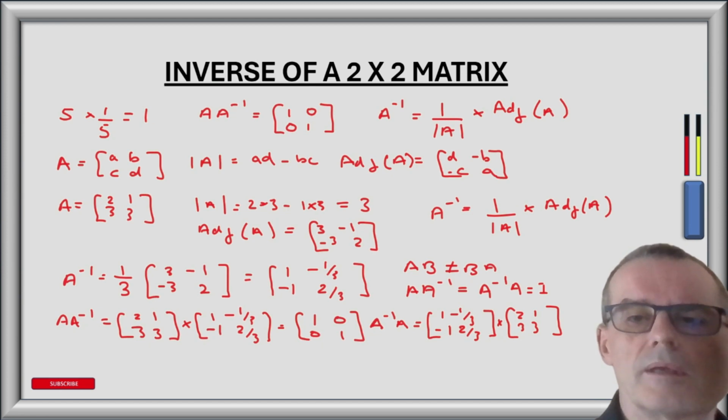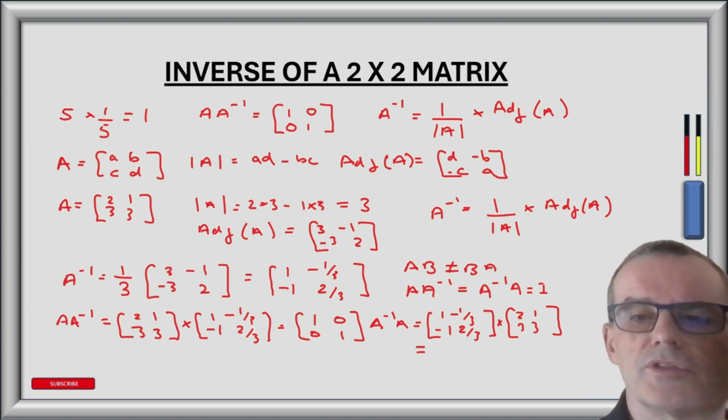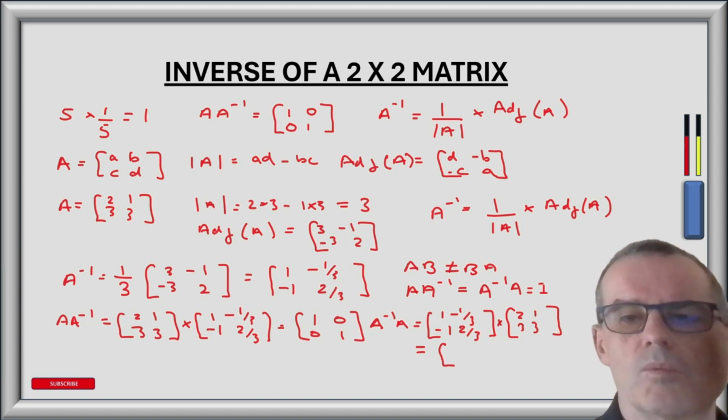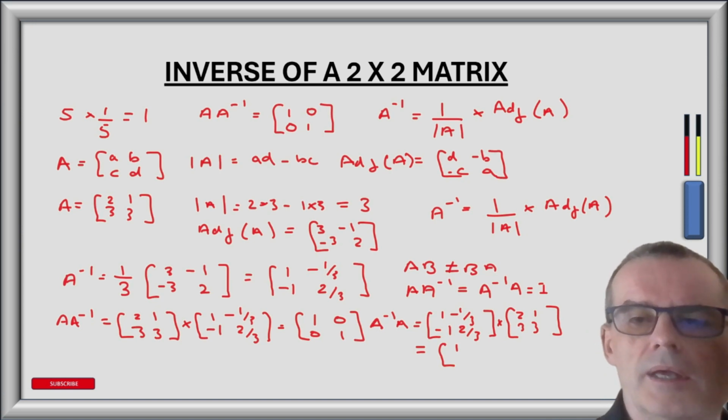So rows from the first matrix multiplied by columns from the second. So 1 times 2 minus 1/3 times 3. So that's 2 minus 1. That gives 1. And 1 times 1 minus 1/3 times 3, which is 1. So that's 0.